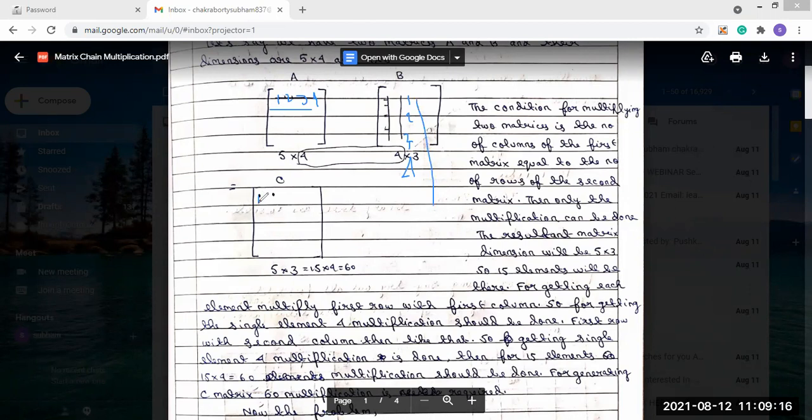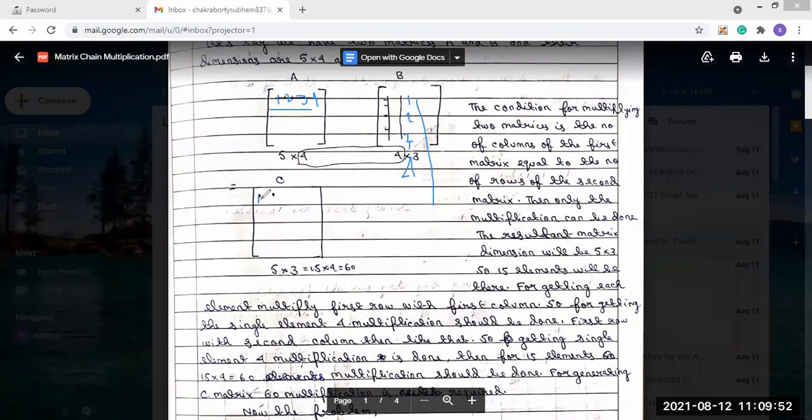We get the value here. Now, if you observe, how many multiplications are needed for getting a single element?